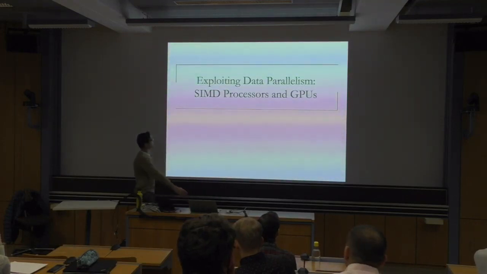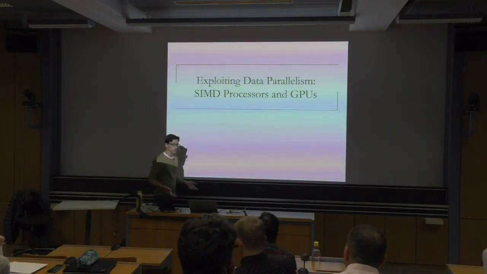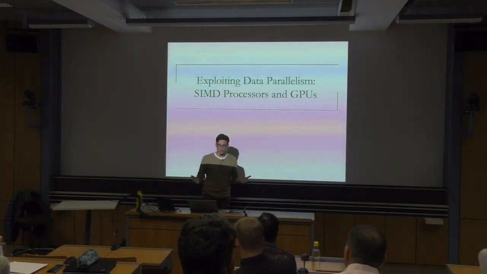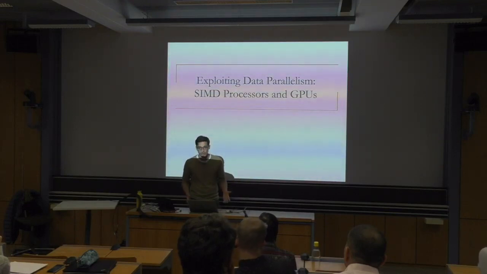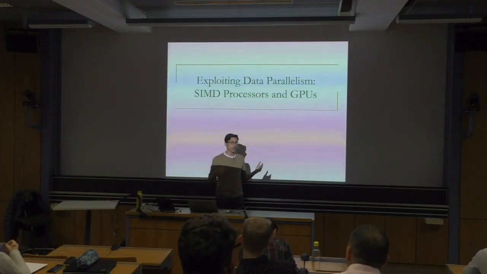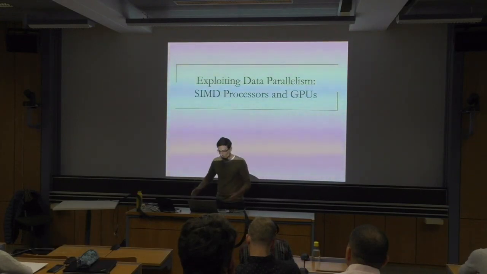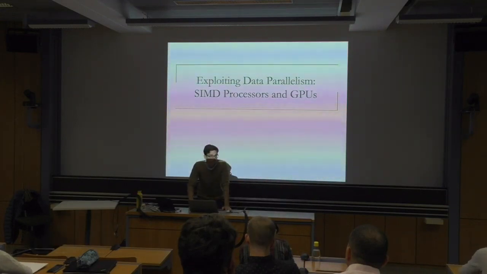So essentially what are SIMD processors and GPUs? They are parallel machines, data parallel machines, able to execute computation on multiple data instances at the same time. What we exploit here is called data parallelism.